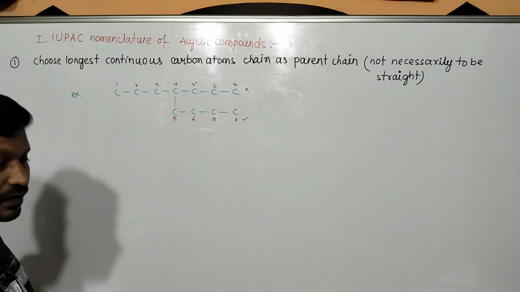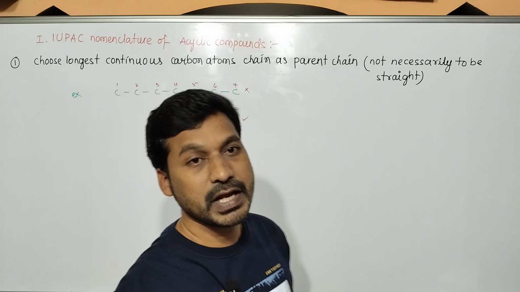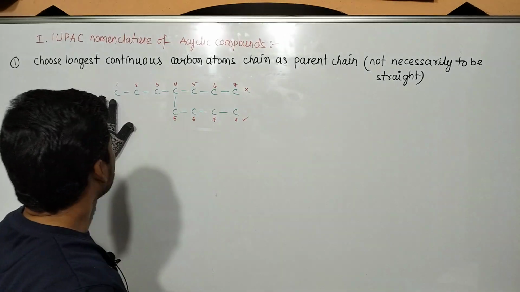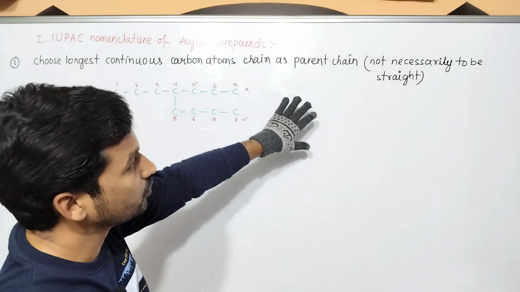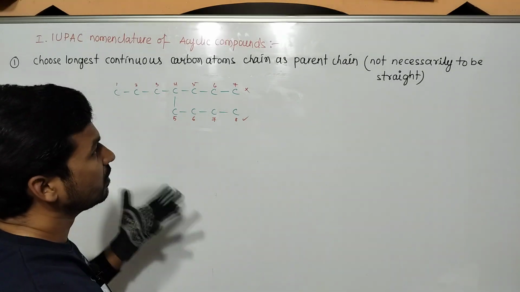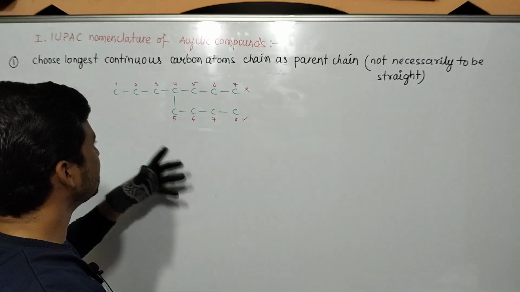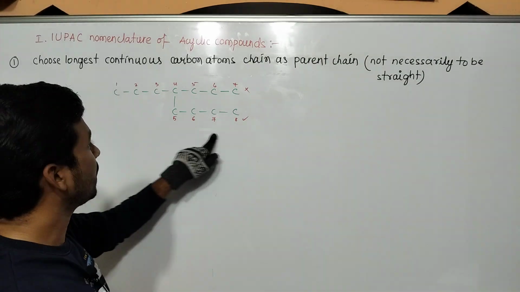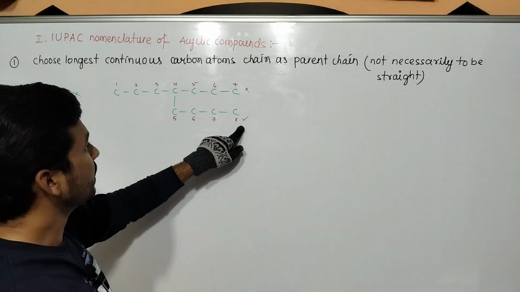So first we have to select the parent chain in the given organic compound. The parent chain need not be straight. It may be straight or it may be branched, anything. If you give numbers like this, we get what your number is.